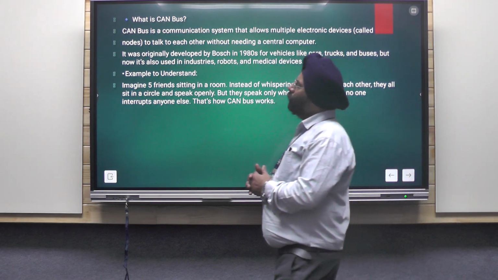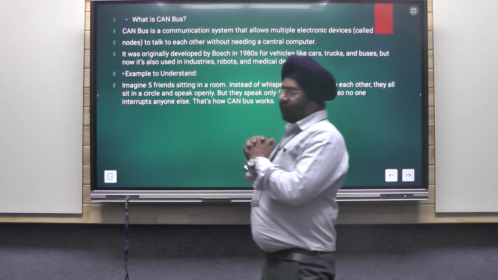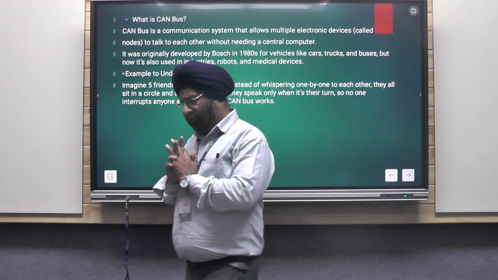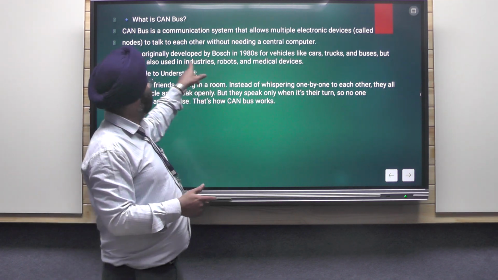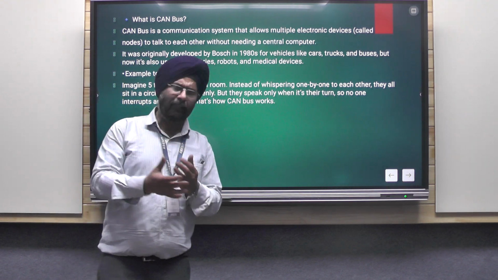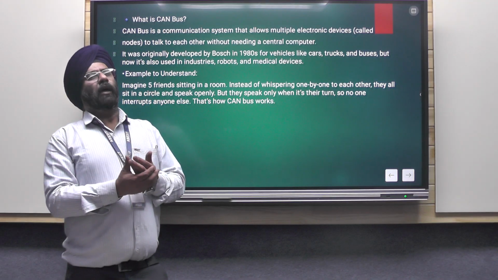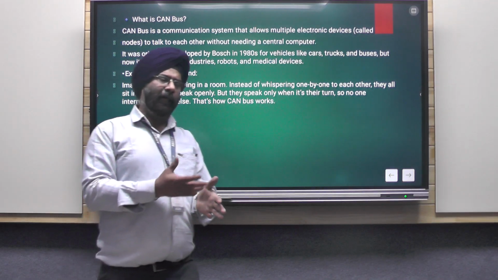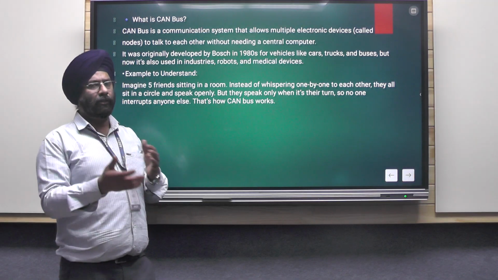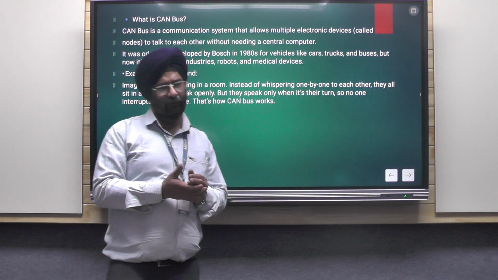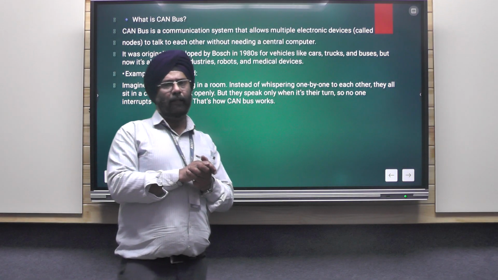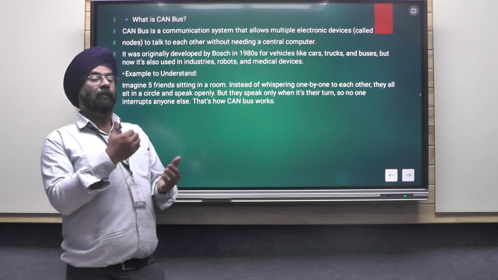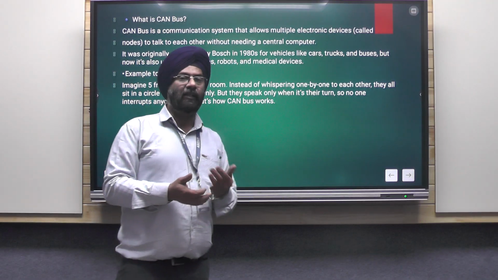What is a controller area network? First of all, this was invented by Bosch in 1980. It concerns how mechanical devices like the engine talk to each other. One example: when we press the clutch, it relates to the engine to change the gear.